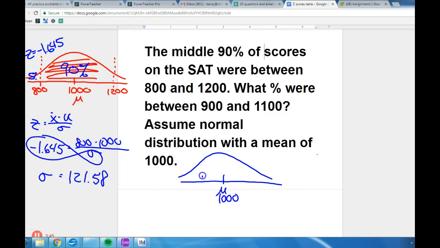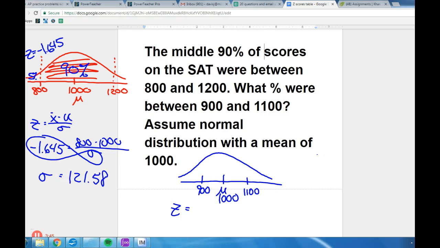With some rounding. So yeah, there's going to be some serious decimals here. This z-score is going to be negative 100 divided by 121 point whatever.